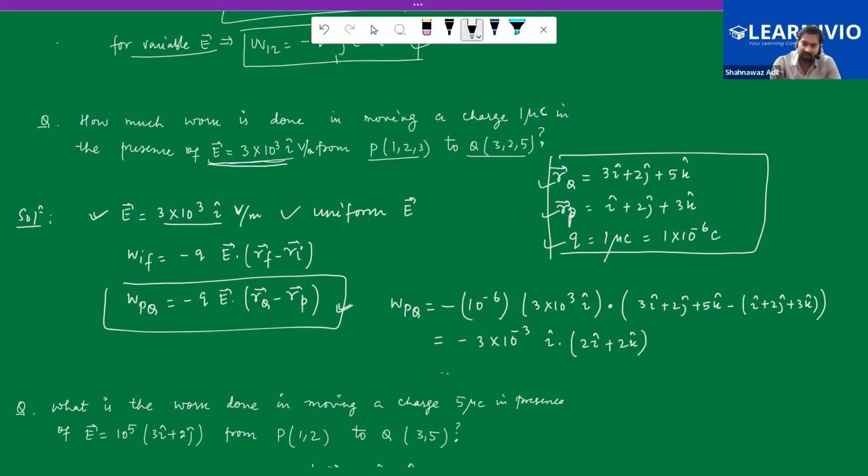And then this is how much? This is 3 into 10 to the power minus 3, I dot 2I. So that would be 2, right? And I dot K, that is 0. So only I dot I will survive, that this would be 2. So this is minus 6 into 10 to the power minus 3. And this is joules. So we can write it as minus 6 millijoules. So that would be the answer.